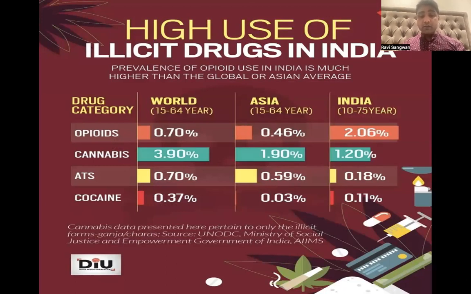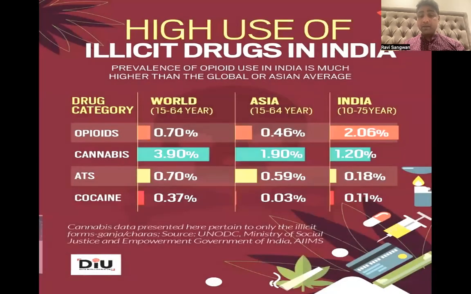The whole of Asia is using 1.90% cannabis, but India is using 1.20, which is very high. Indian youth and Indian students are at risk. And this is a bona fide result of India Today group.